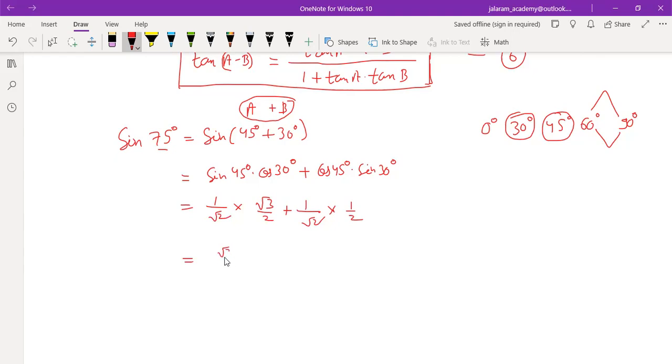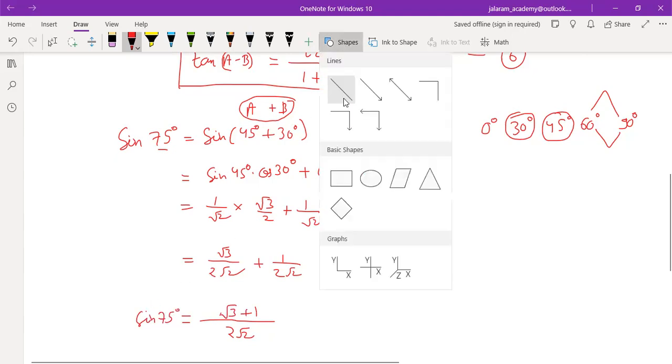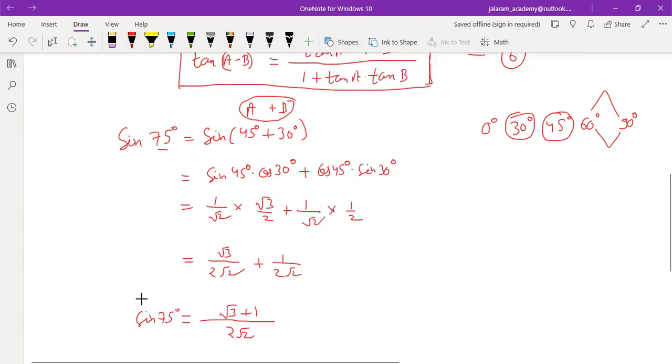So numerator root 3 into 1, root 3 over 2 root 2 plus 1 over 2 root 2. So the LCM of the denominators is 2 root 2 and the numerator is root 3 plus 1. So this is the value of sine 75 degree, that is root 3 plus 1 over 2 root 2.